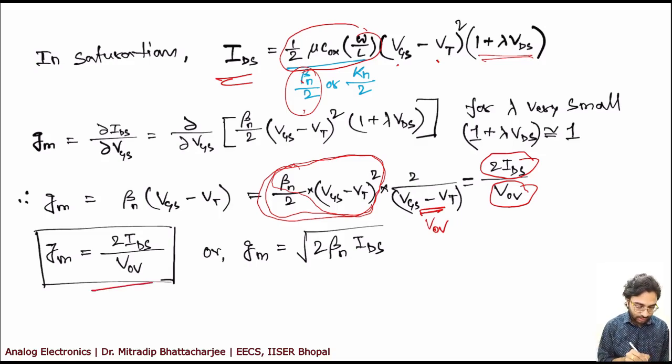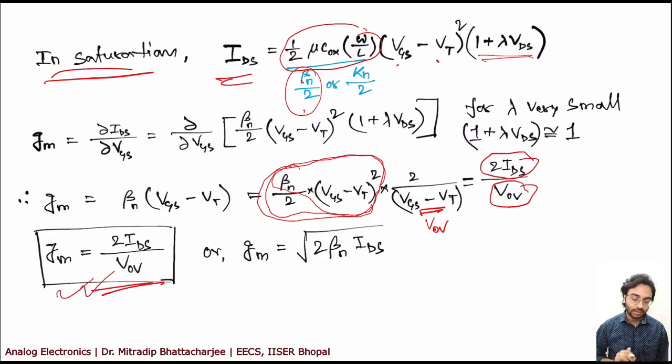This is your expression for GM in the saturation region. We are working in the saturation region, so we are more interested in this beta and this GM value. This is actually 2 IDS by VOV. Just like BJT, this is also a function of IDS, so if you have a higher IDS, you get a greater GM value.